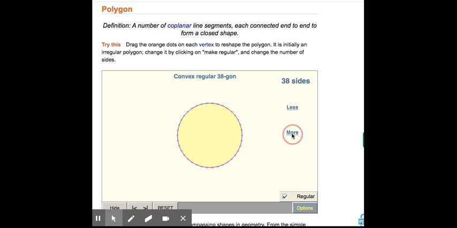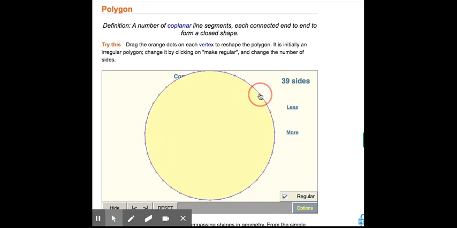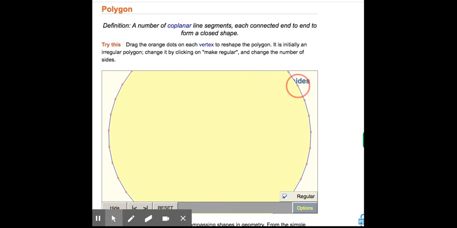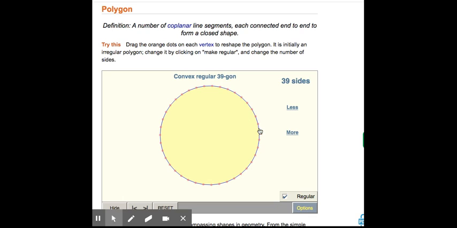It's still a polygon because if I were to stretch this out, we still have vertices, but you can see that this is getting closer and closer to a circle. Okay, I hope you find this website helpful to visualize what happens between a convex and a concave polygon when you're drawing diagonals, and how the sides differ between a regular and irregular polygon.